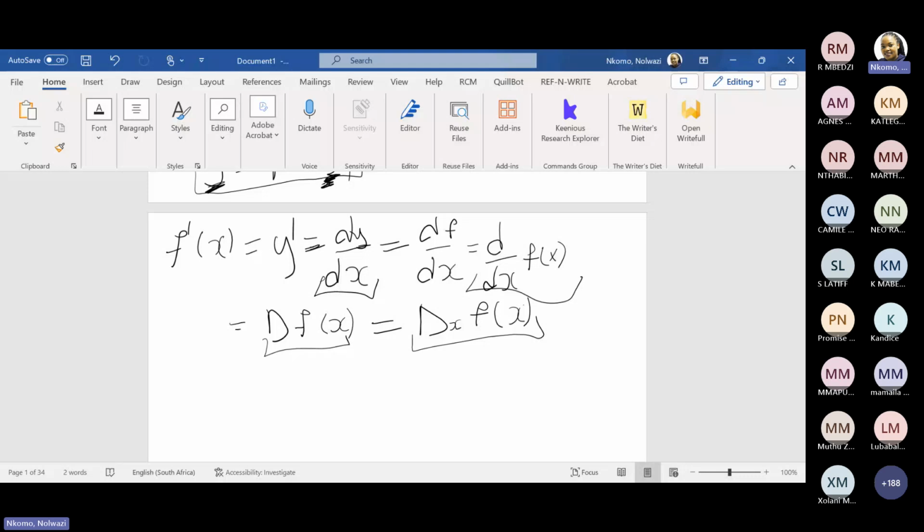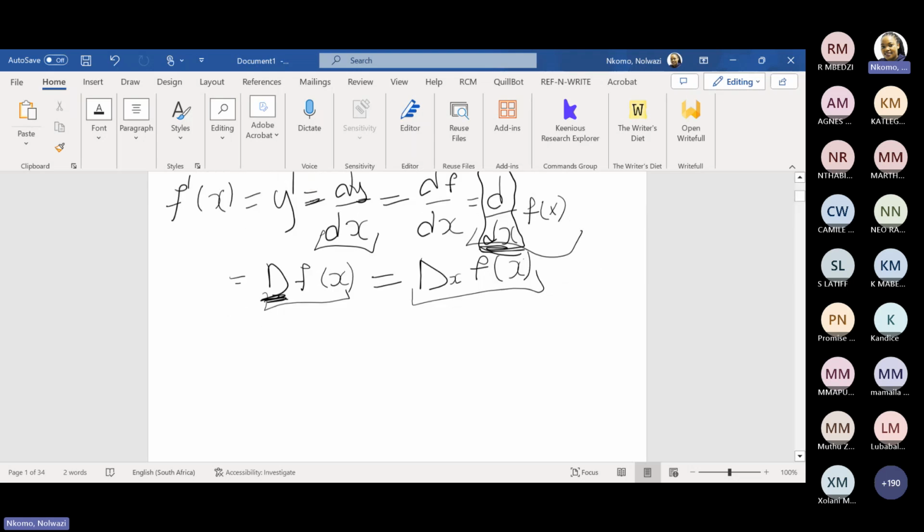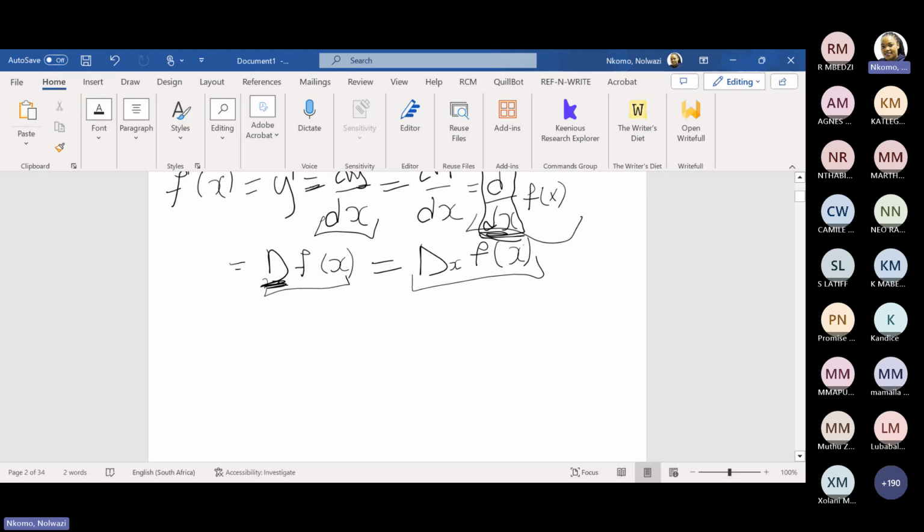Again, the symbol d, or d over dx, these symbols are called the differentiation operators, because they indicate the operation of differentiation, which is just the process of calculating the derivative.